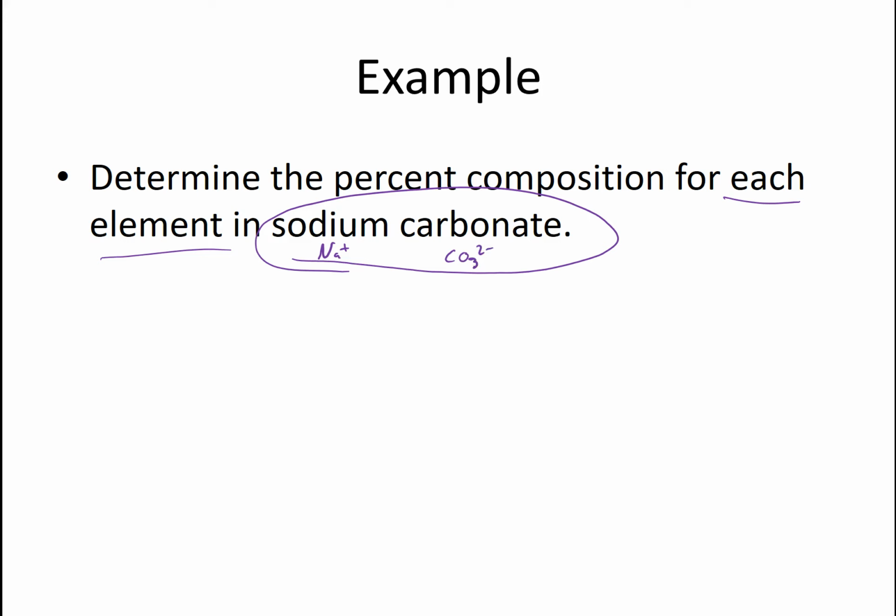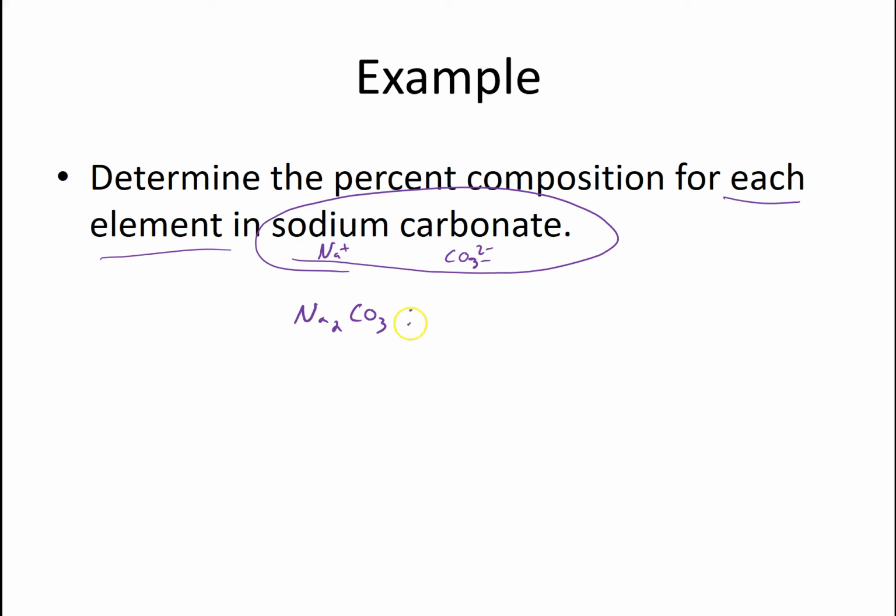I did not give you the actual formula for this, and that's because you need to remember how to do this. This is something that is not going to go away. So let's write our formula first. We have a 2 on the carbonate, a 1 on the sodium, which means I'm going to write Na2 and then 1 carbonate involved. So that is our formula.